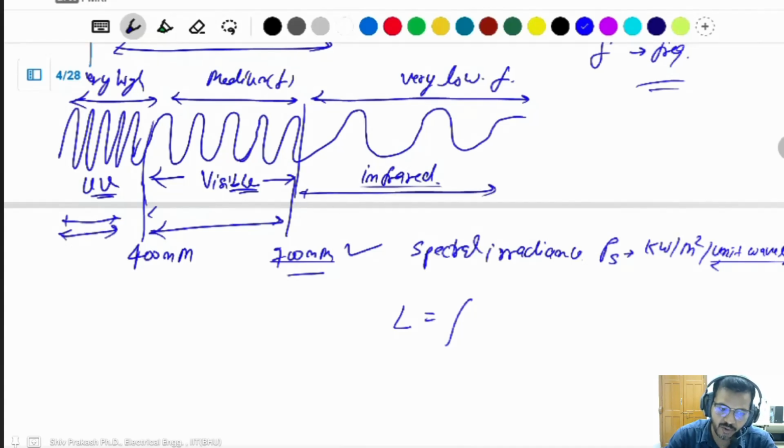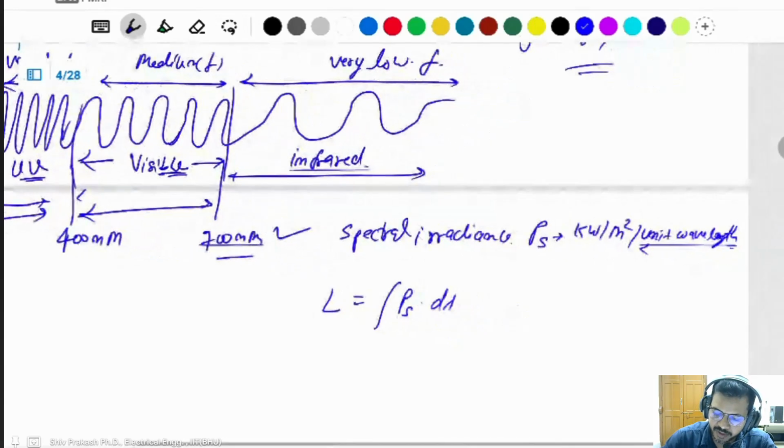But if you want to measure the combined insolation, then you should integrate this spectral irradiance for the whole light with respect to the wavelength, because there is a wavelength.